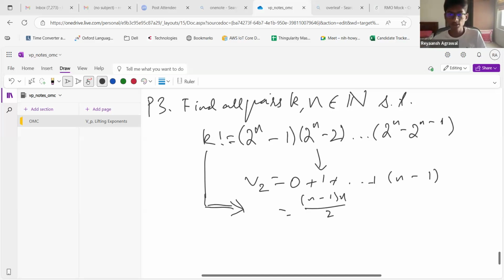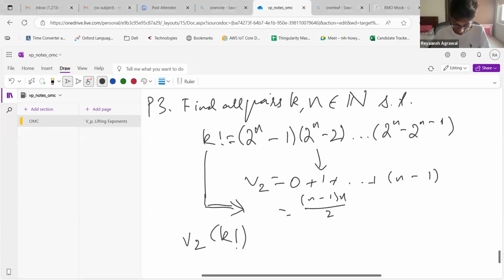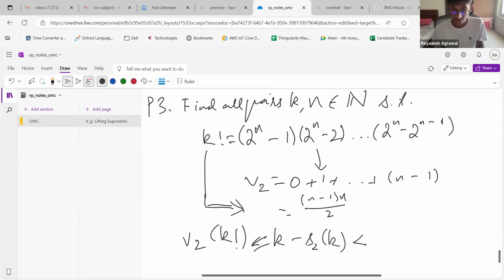Okay, see, one thing is that v2 of k factorial is equal to k minus s2 of k, right? And this is obviously less than k. Does everyone understand that? v2 of k factorial is less than k.